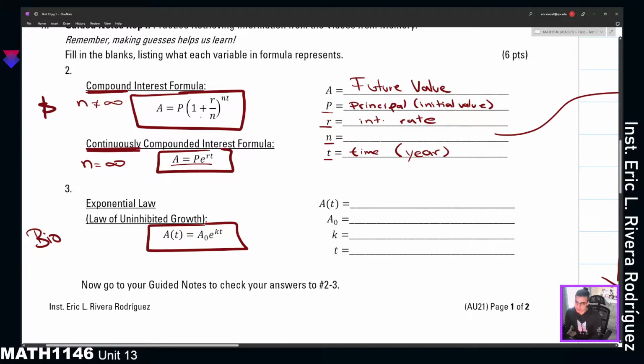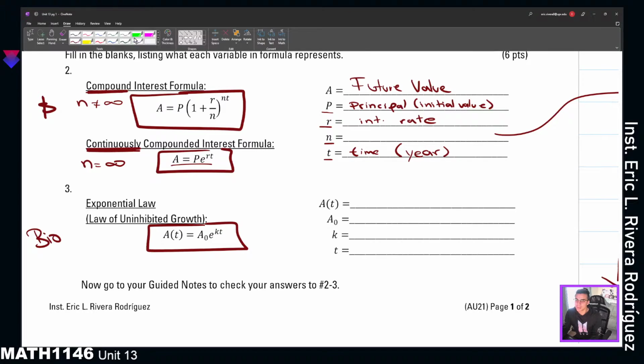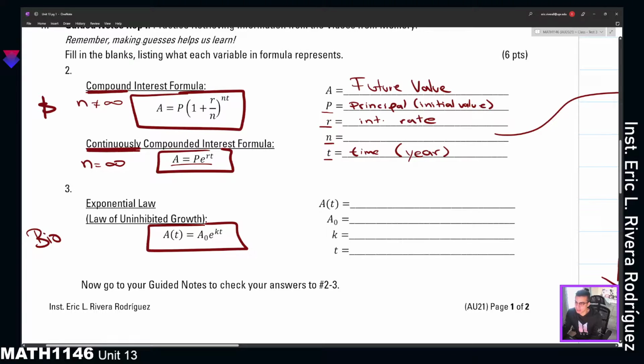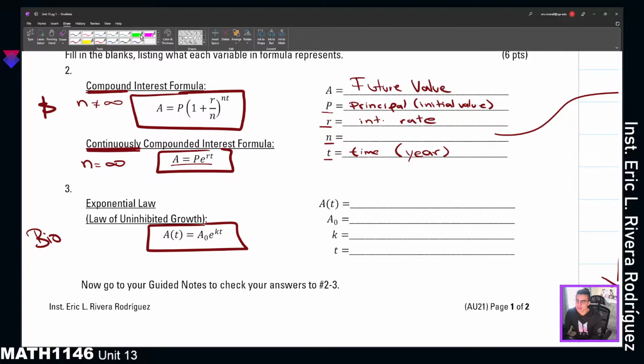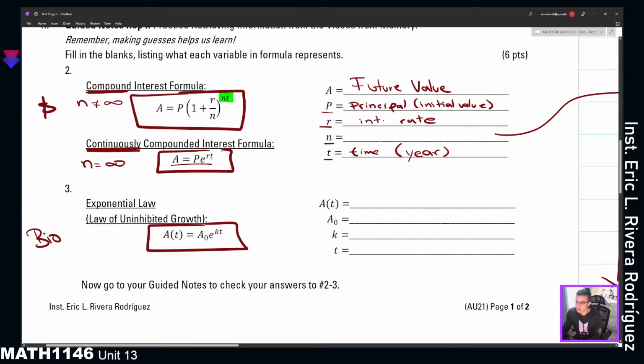So here we are using exponential operations, and you can see that here we have the exponents.